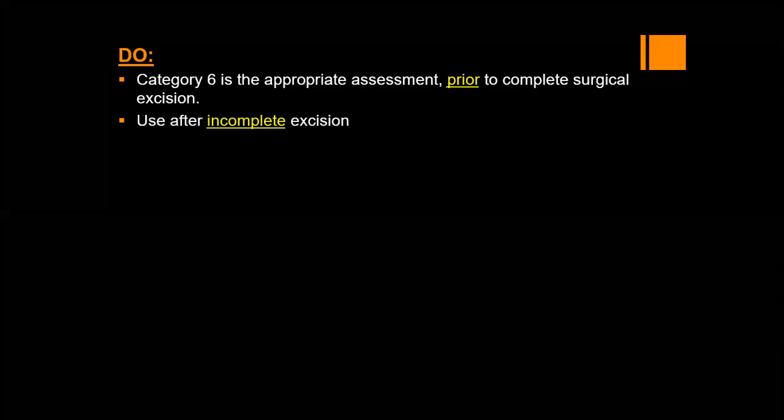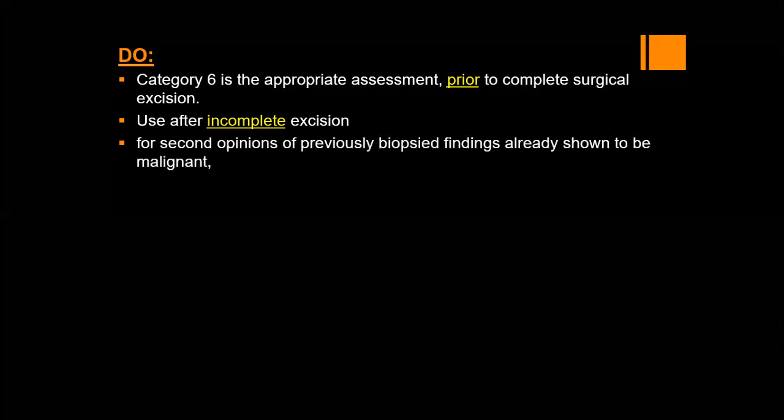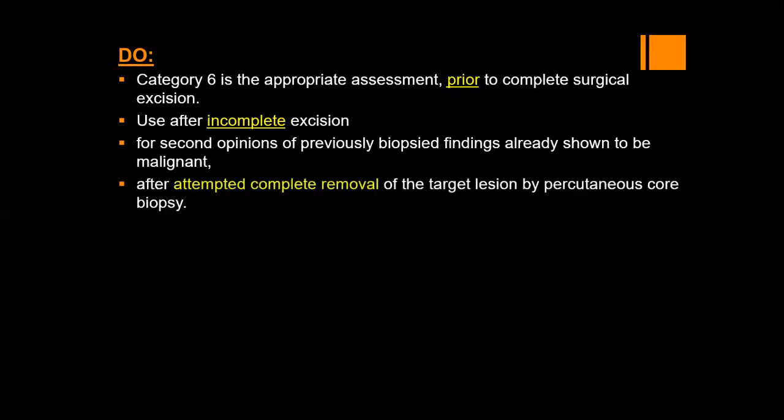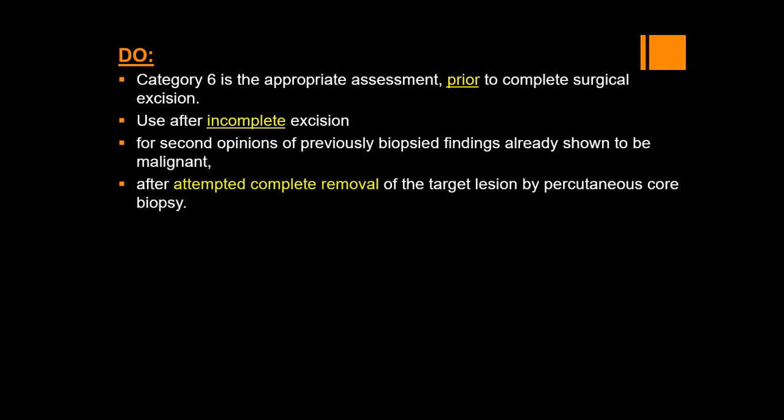It can be used after incomplete excision. If complete excision, then still we can report it as BI-RADS 6 for second opinion of a previous biopsy finding already known to be malignant, after attempted complete removal of the target lesion by percutaneous core biopsy, like vacuum assisted, where they are sucking some of the lesion.